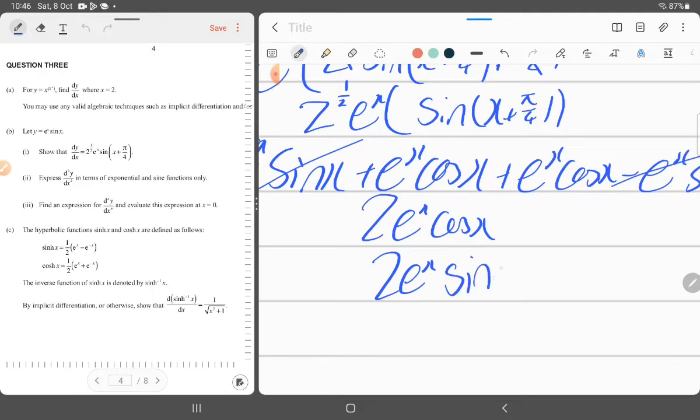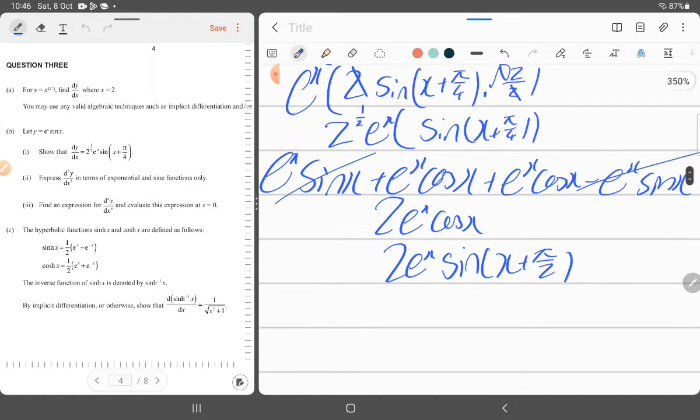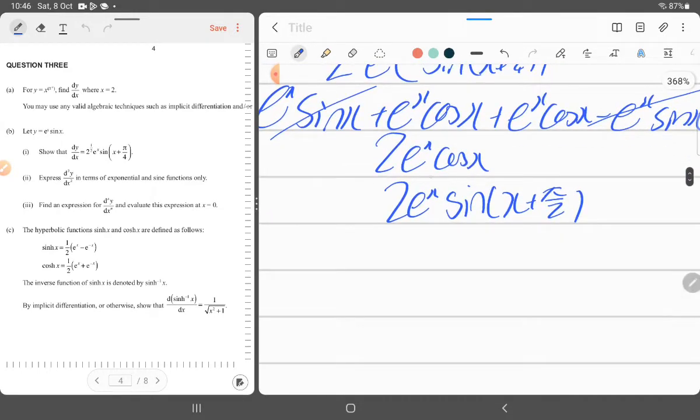2 e to the power of x sine x plus pi over 2, what do you mean pi? X plus pi over 2. Let's derive this again.